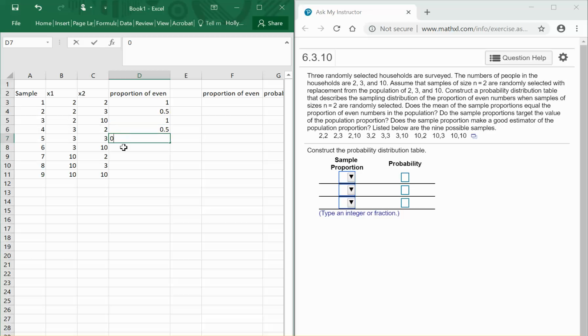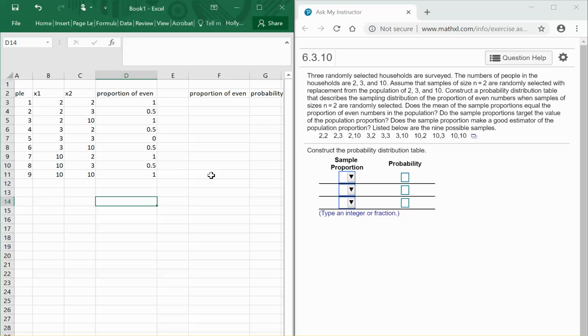The proportion of even numbers for 3, 3 is 0. All right, I think I've got all my proportion of even numbers for my samples.